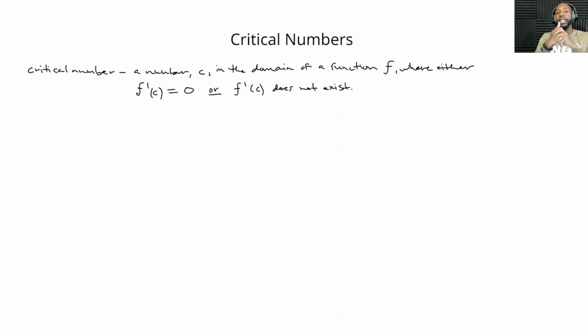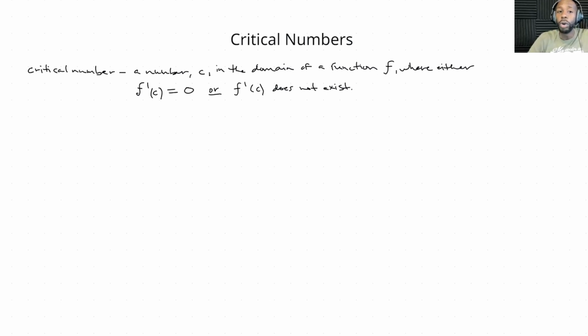A critical number is a number C that's in the domain of a function F where either the derivative is equal to 0 or the derivative does not exist. If you watched my last video on Fermat's theorem, you know that Fermat's theorem basically said that if you have a max or a min somewhere and the derivative exists, then the derivative is equal to 0.